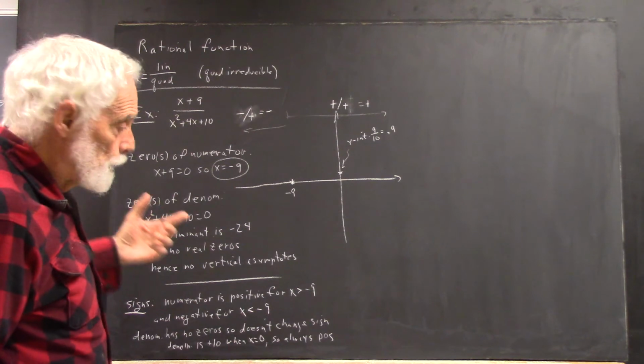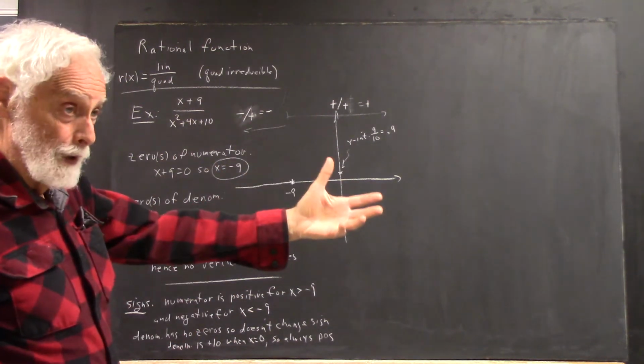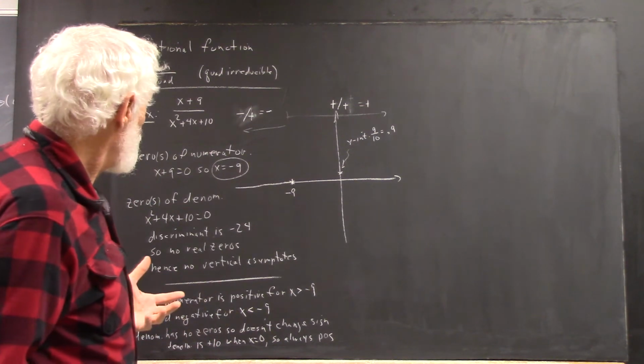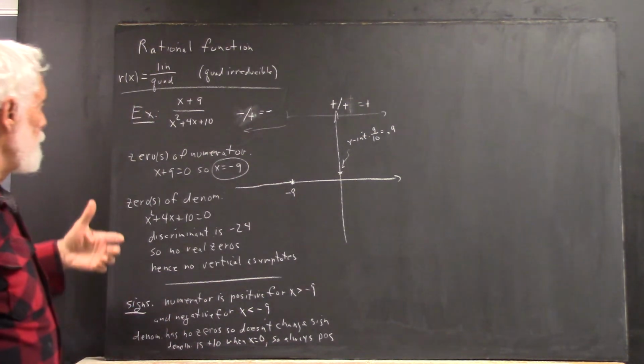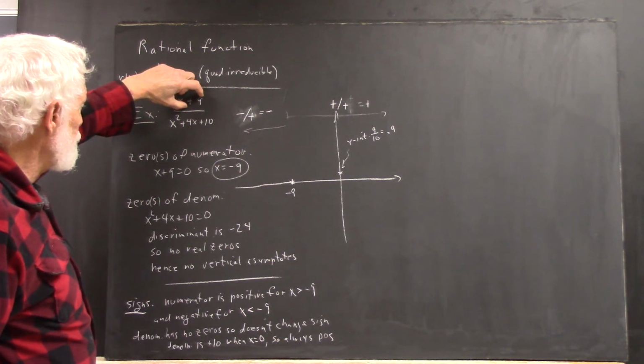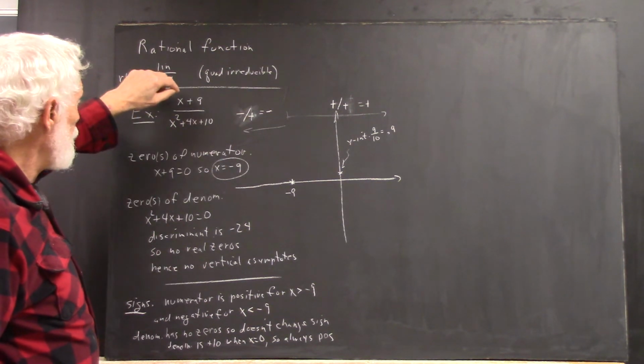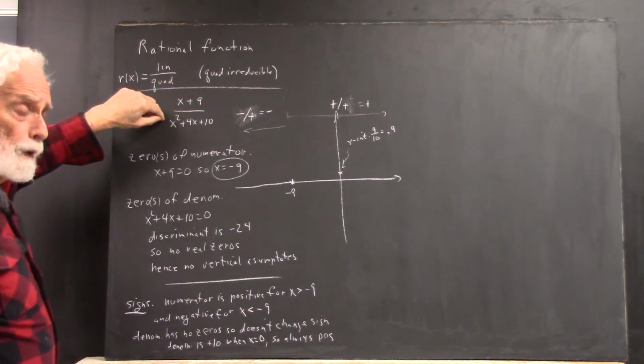However, if we look at what happens when x gets large, either large positive or large negative, we see that if x is big enough, the 9 isn't going to make much difference. The 4x plus 10 isn't going to make much difference. It's going to be almost as though we have x over x squared.